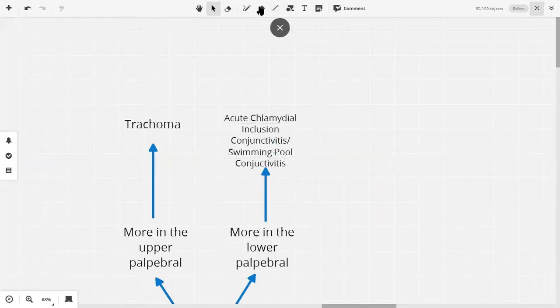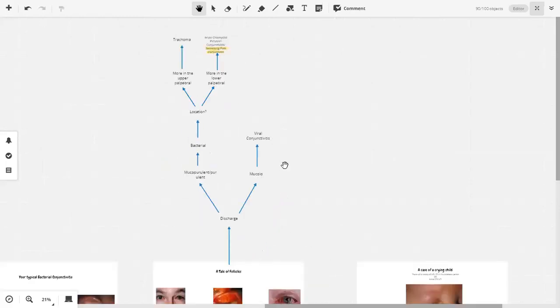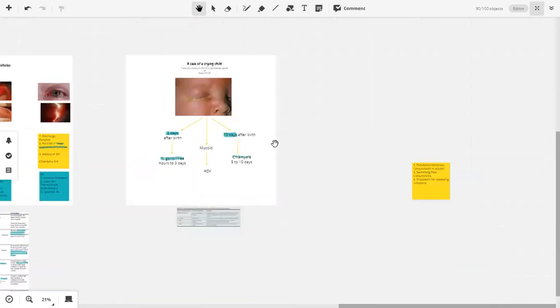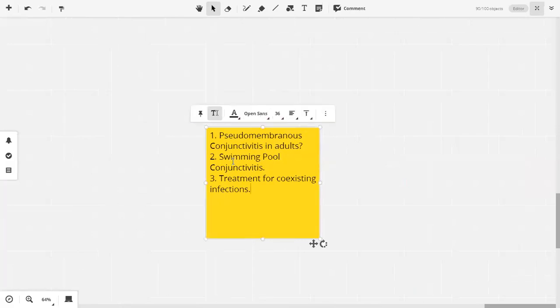You have to remember this. This is a buzzword. Swimming pool conjunctivitis. It's a simple MCQ. आपसे सिर्फ MCQ में इतना पूछ लीजिएगा. Swimming pool conjunctivitis is another name for acute chlamydial conjunctivitis. Remember this. This is an important buzzword.